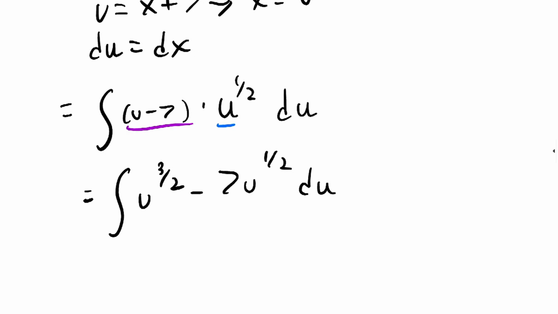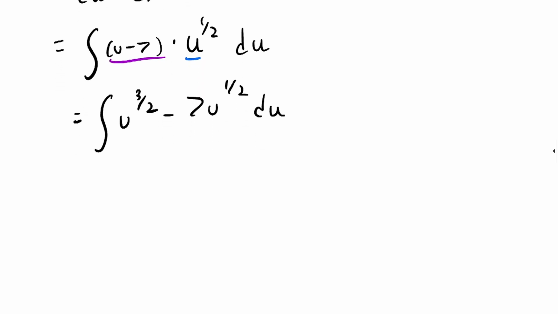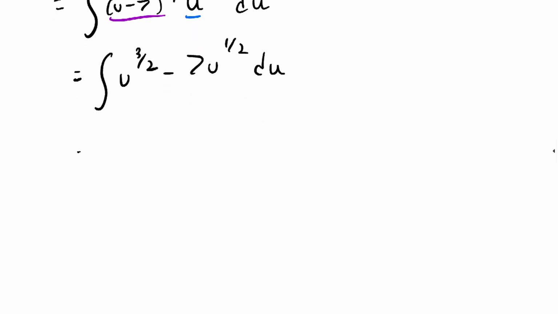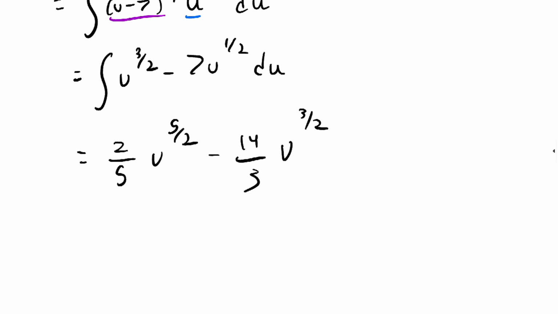And now this becomes a simple polynomial integral, which we can just do by the reverse power rule. So it's going to be 2/5 U to the 5/2 minus 14 over, I believe, 3 times U to the 3/2. Yeah, that should be right.